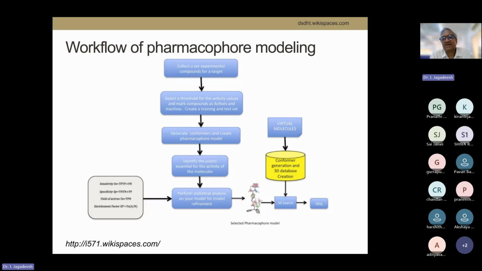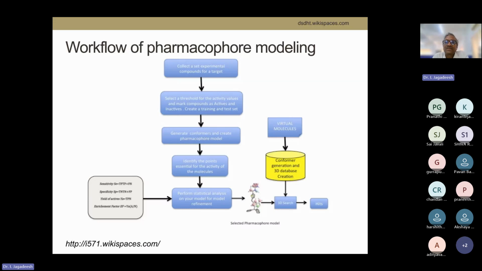Now, parallelly, we have to consider virtual molecules, not only those which already exist. That also we can try with a conformer database. This is what we can do with fragment based drug design, as we have learnt. Similarly, we arrive here also, and we can take the chemical databases.